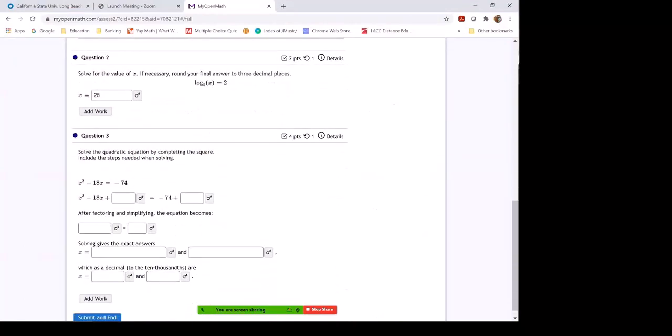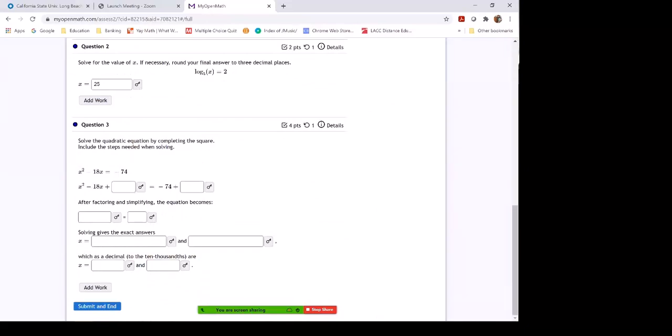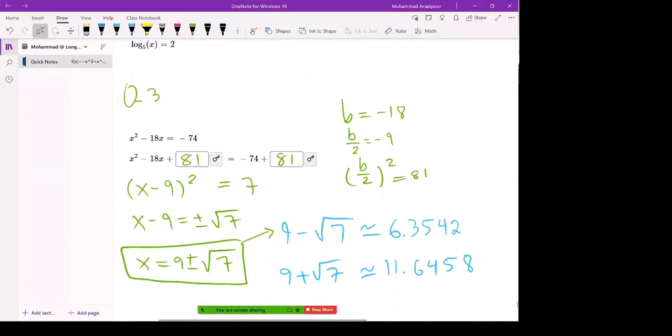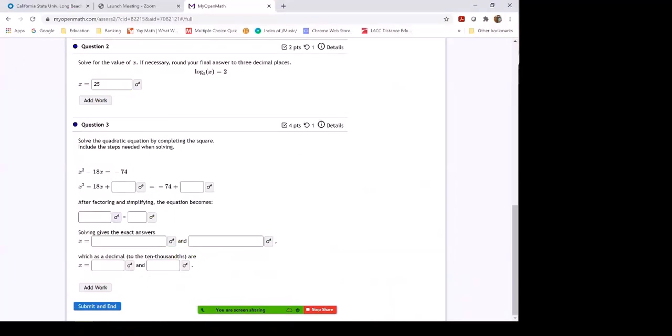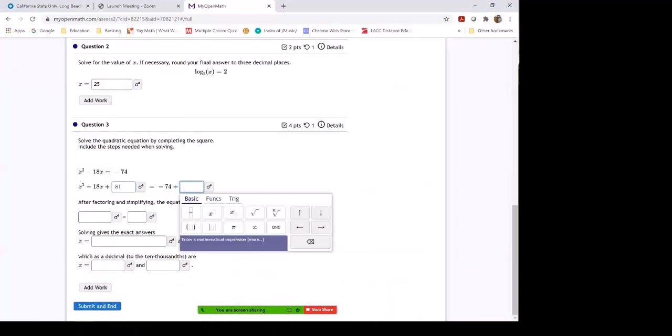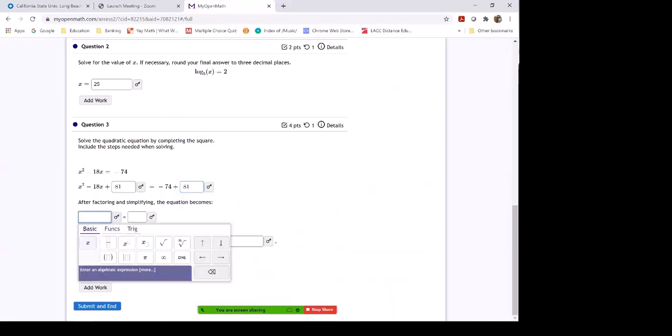Number 3, completing the square. So I've shown the work here for question number 3. So I need to add 81 to both sides. So I'm going to put 81 here, 81 here, and then it becomes parentheses x minus 8.